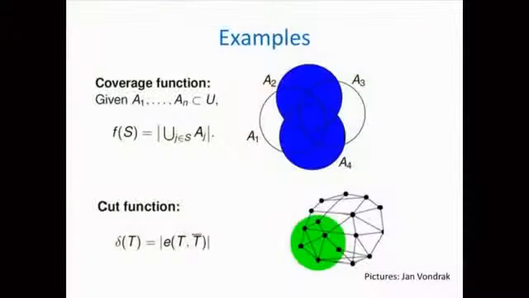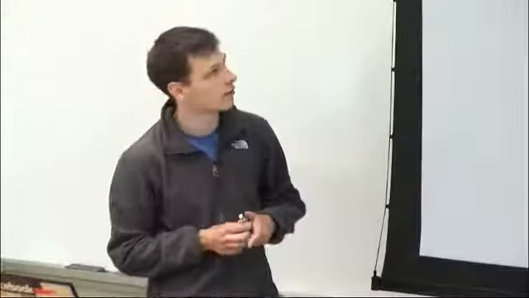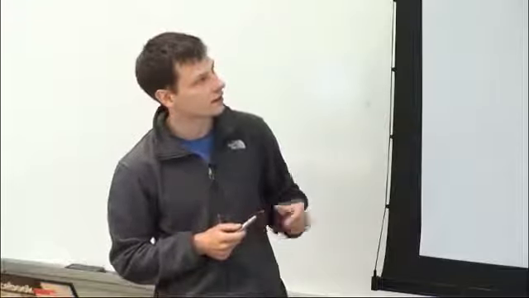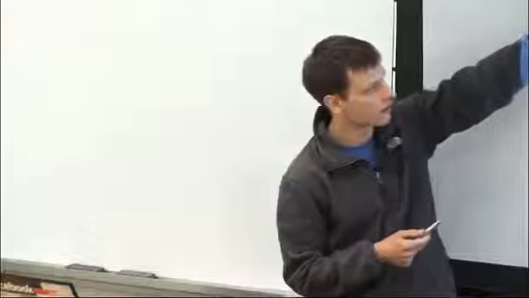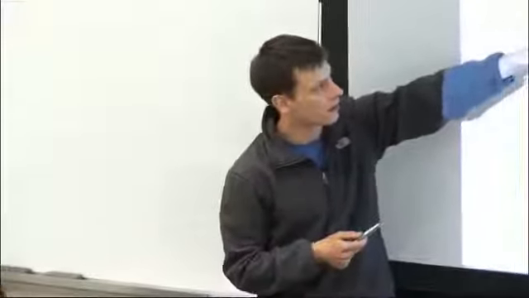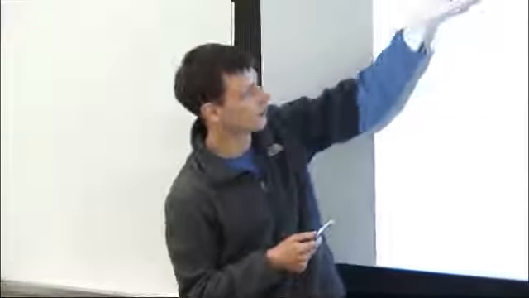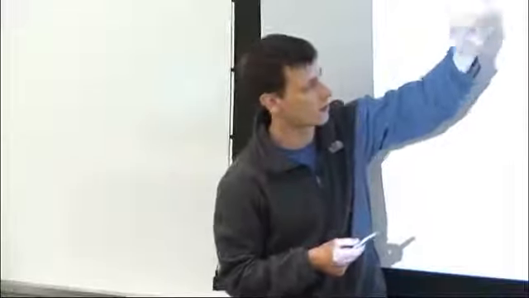All right, and there are some examples that it will be useful to have in mind. The first basic example is the coverage function. Suppose you have a collection of sets A1 to An over a universe of size U, and your function is the total size of some collection of these sets. Suppose you pick a sub-collection of these sets S, and you evaluate the total size of their union.